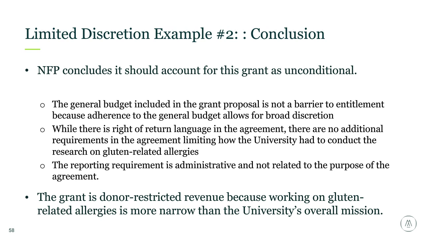It does allow for pretty broad discretion on how those funds are expended. So even though there's right of return language, the barrier itself does not exist. And the reporting requirement is not considered a barrier. That's administrative only, and therefore it's not considered related to the purpose of the agreement.